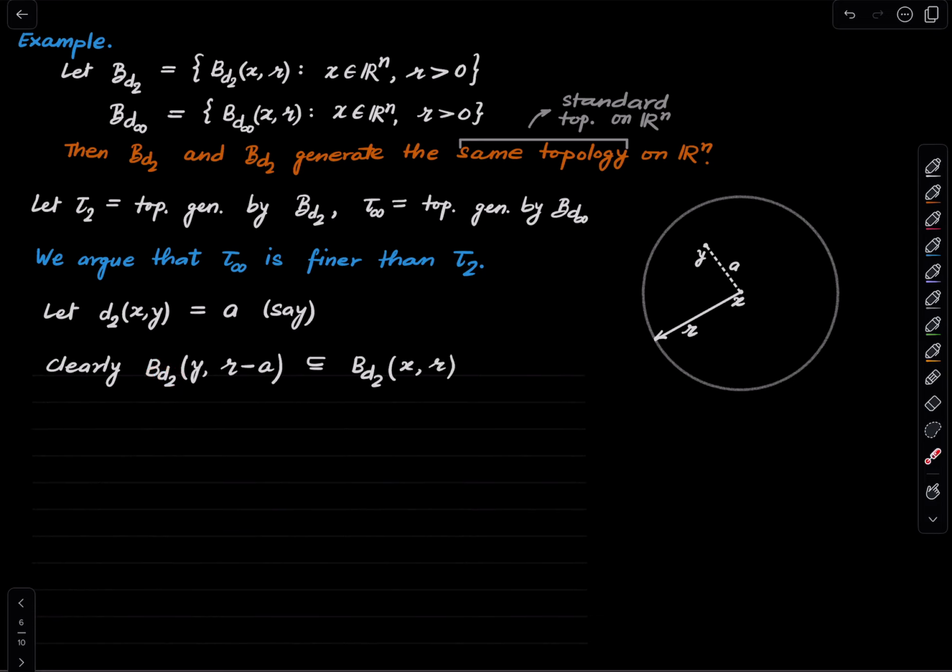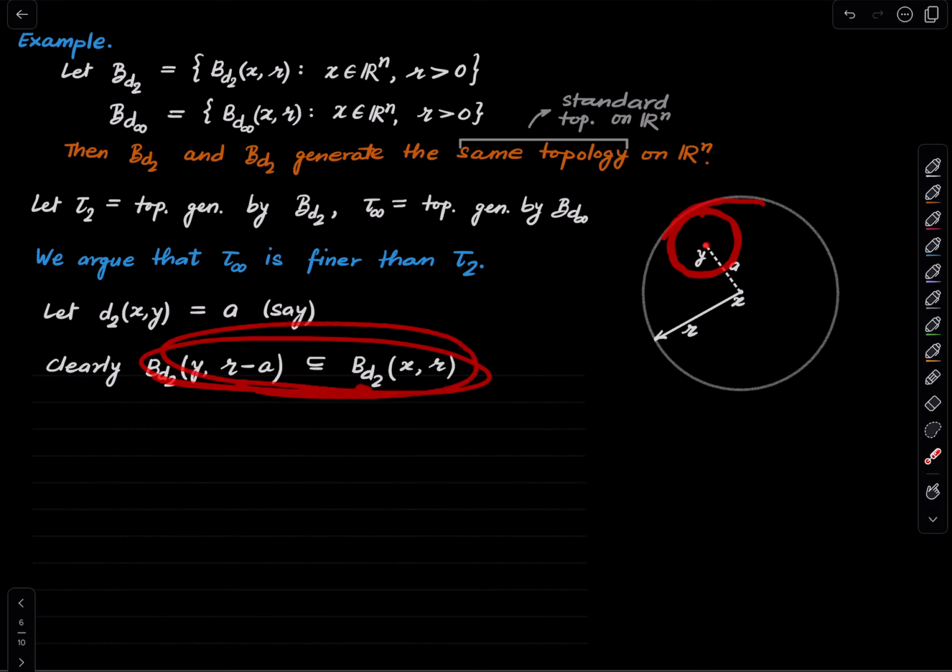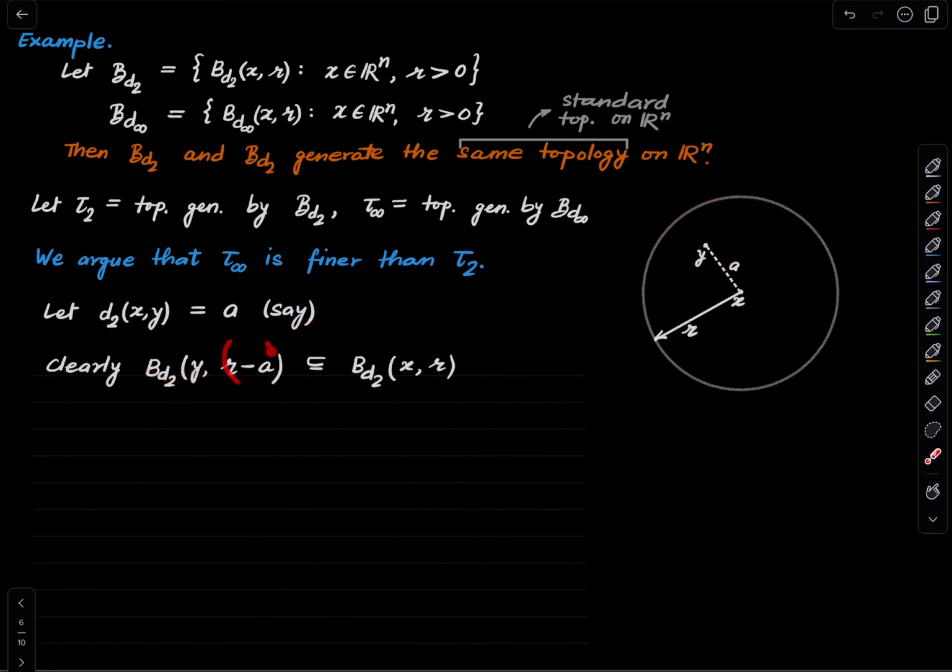What is the idea behind that? We have this point y. If you draw this ball of radius r minus a, with y as the center, you will get this ball. And you may feel a little bit of an itch because the boundary of this ball is touching the boundary of the outer ball. So, whoa, what is going on? Nothing is wrong here. But if that is bothering you, you can divide this by 2.